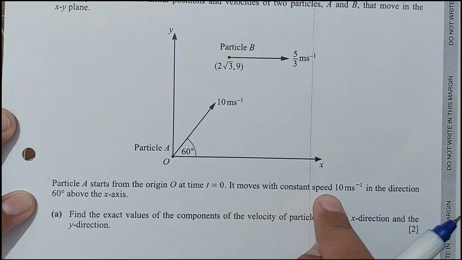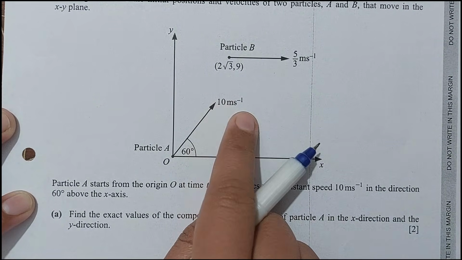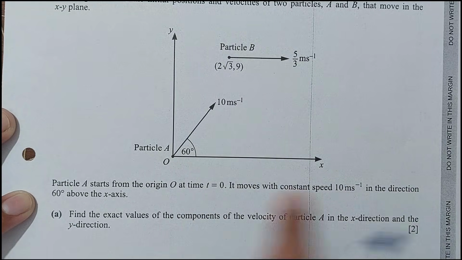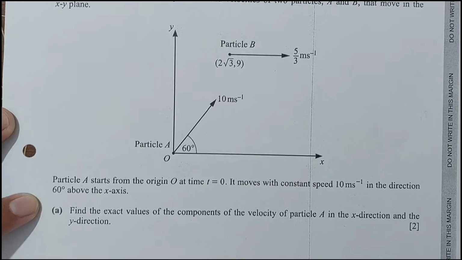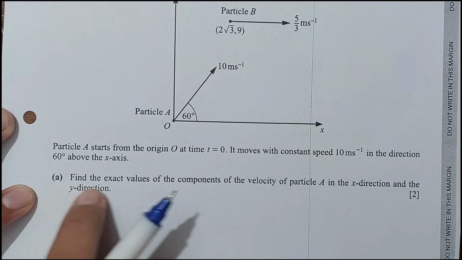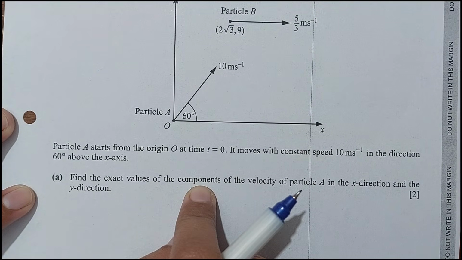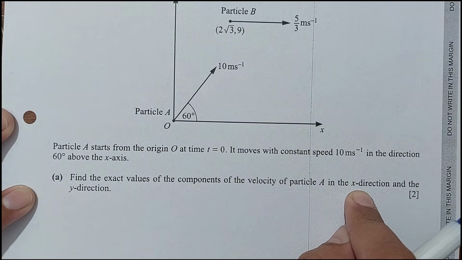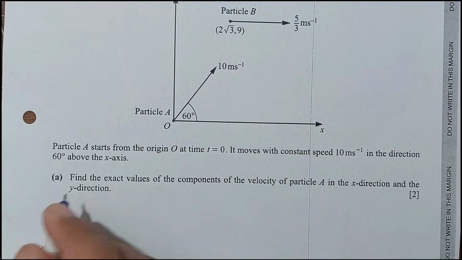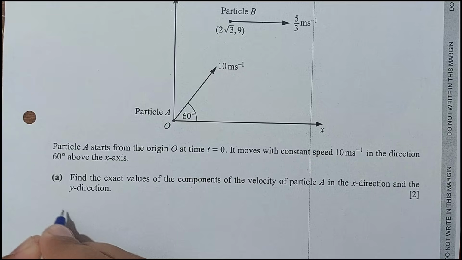It moves with a constant speed of 10 meters per second, in the direction 60 degrees above the x-axis. Part A: find the exact value of the components of velocity of particle A in the x direction and the y direction. So we have to find the velocity vector.